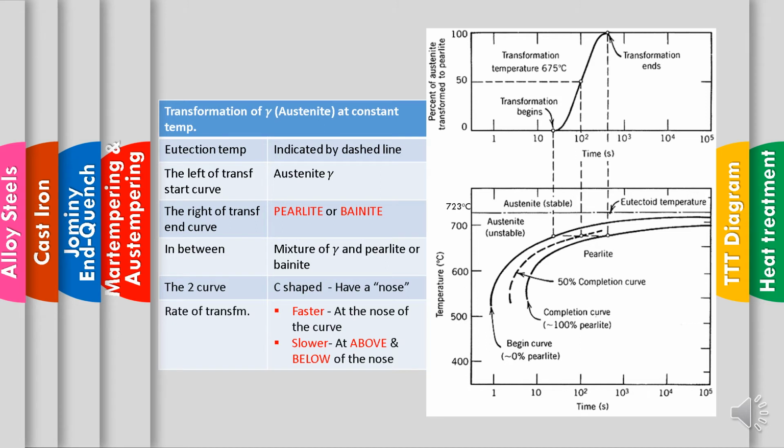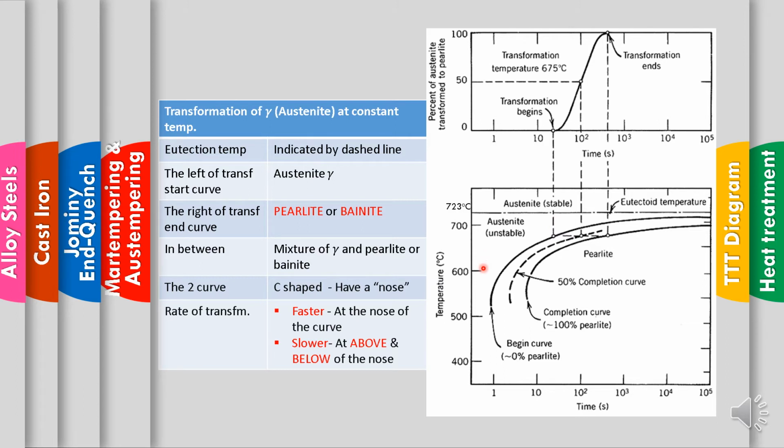And then we try to analyze the transformation of austenite at a constant temperature. Basically we will look at the eutectoid temperature, which is this line, at 723 degrees Celsius. On the left line here, it indicates the curve of austenite, which is the phase of austenite, this section.